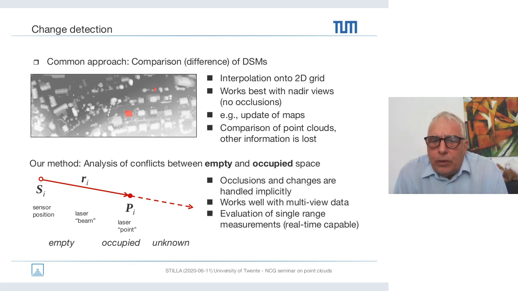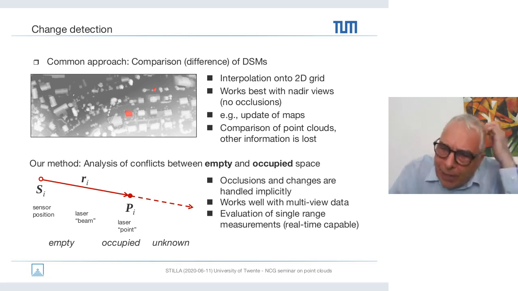In our case, what we want to do is the following. Beside the point that we have from our obstacle or object, we also store the point from where the beam was sent out. That means when we have the way from S to P, we can say this is the way of the beam, and this area must be empty.